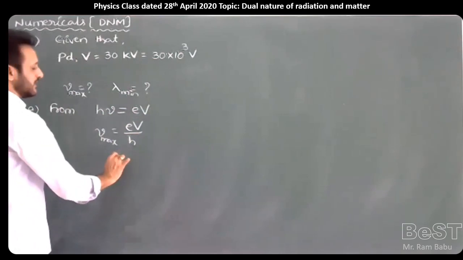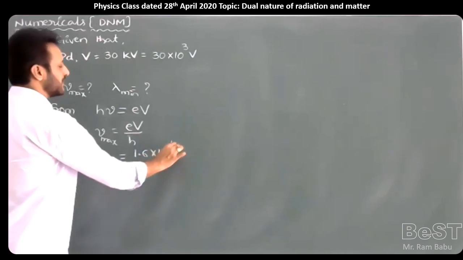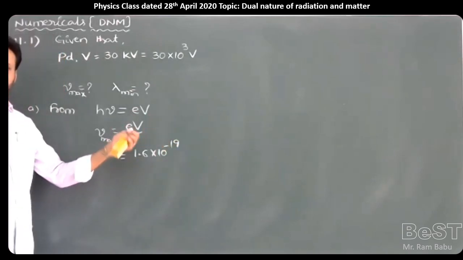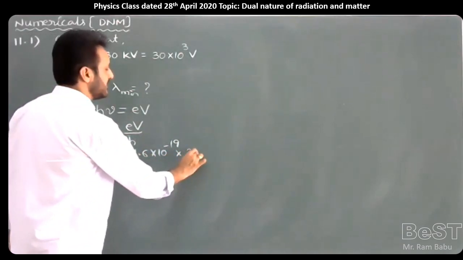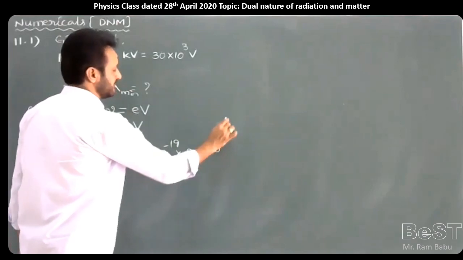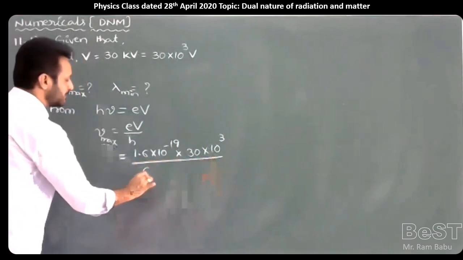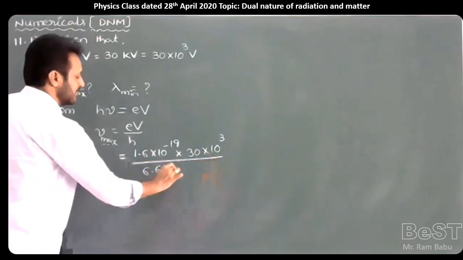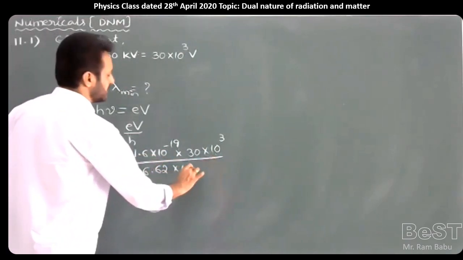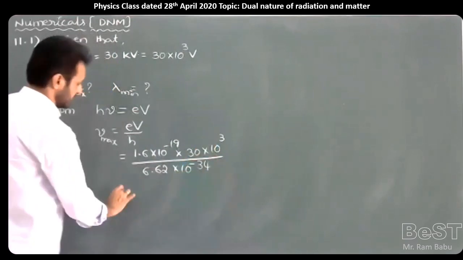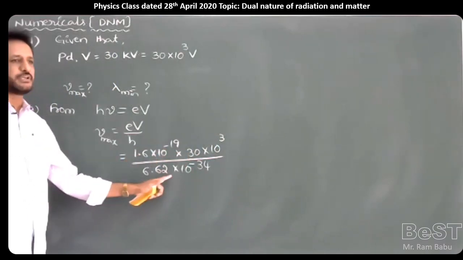In this, I have already given the values data. Charge of electron 1.6 into 10 to the power of minus 19. In place of e, I am writing 1.6 into 10 power minus 19. And the potential difference they already gave, 30 into 10 to the power of 3, divided by Planck's constant, 6.62 into 10 power minus 34. First you should multiply 1.6 into 30 divided by 6.62 directly.